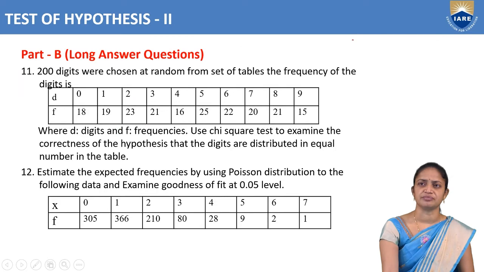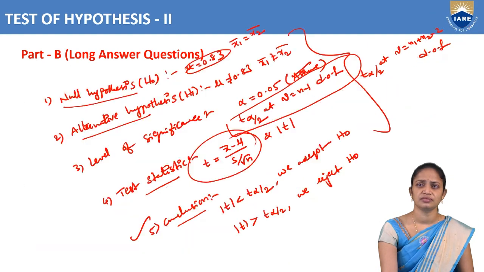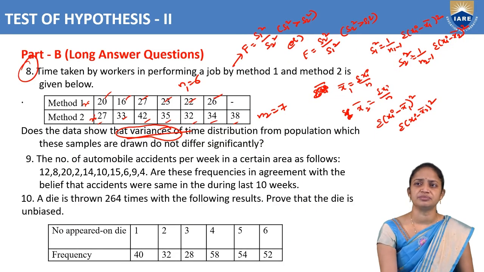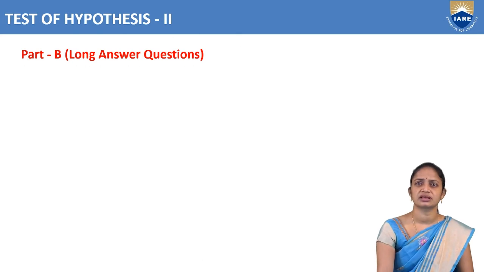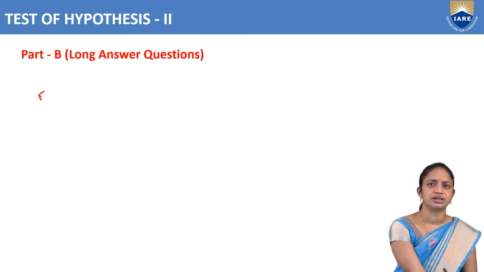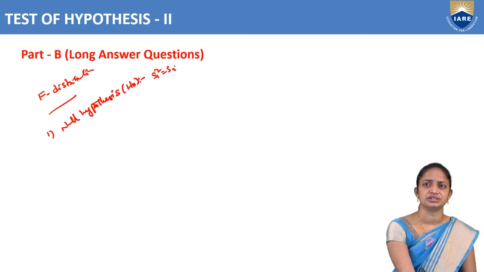The procedure is the same. So for f distribution, the first step is null hypothesis. Null hypothesis, that is h naught: s1 square equal to s2 square.